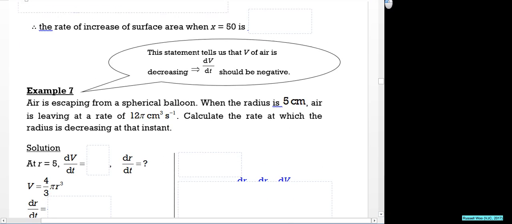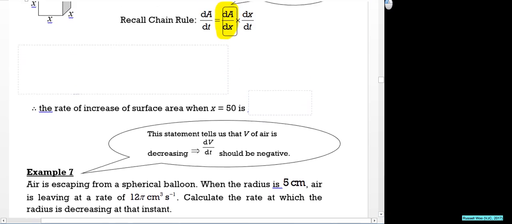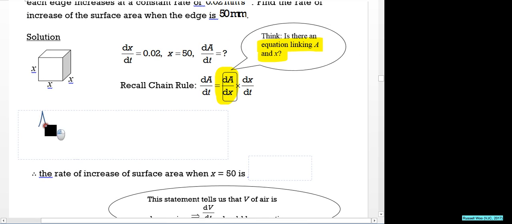Sorry. Which is A equals x squared. How many x squared? How many sides? 6. 6x squared. Which means dA/dx is 12x.